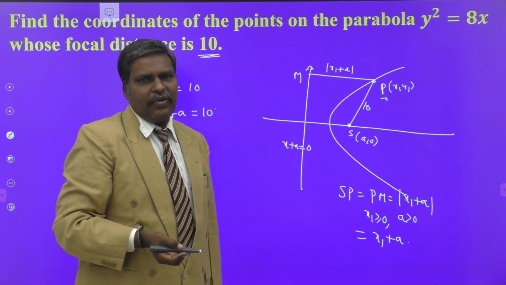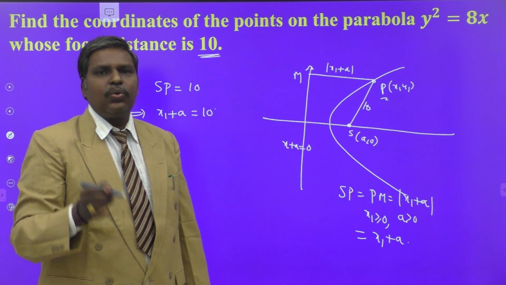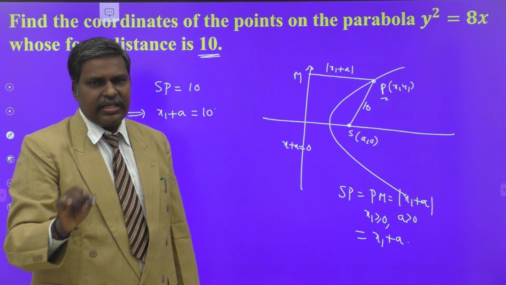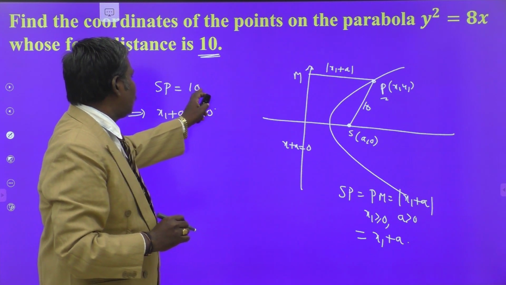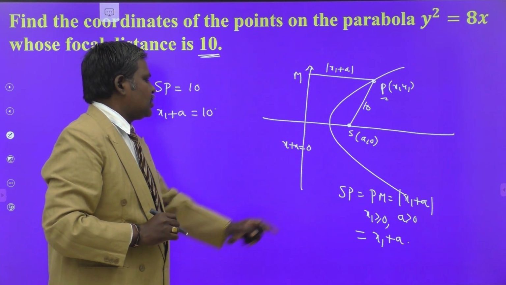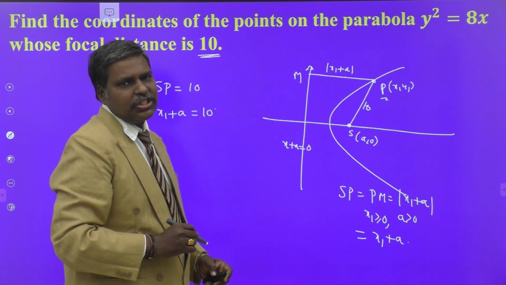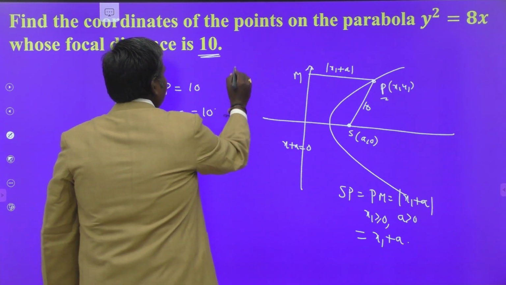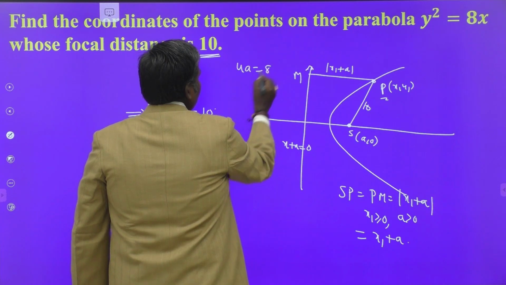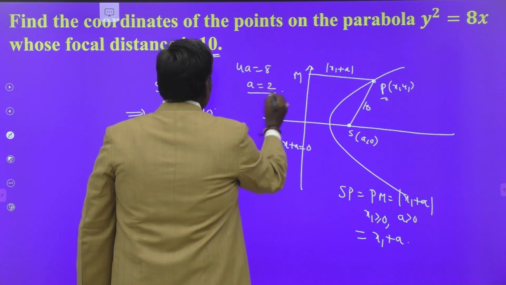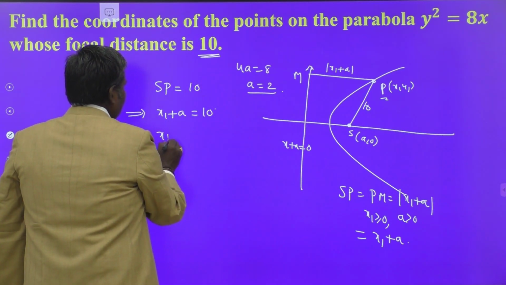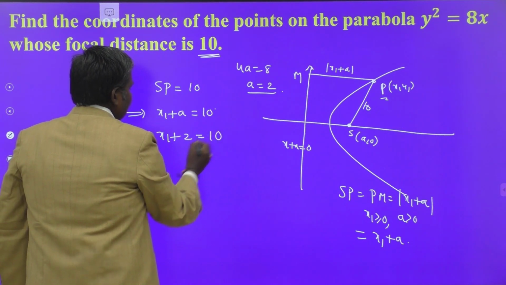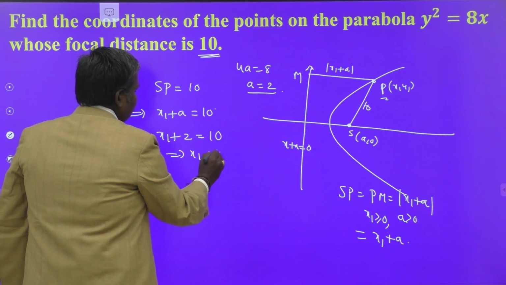Let P (x1, y1) be the point on the parabola whose focal distance is 10 units. Therefore, SP is equal to 10. We mean x1 plus a is equal to 10 because SP is equal to PM itself. What is a here? 4a is equal to 8 from the problem itself. 4a is equal to 8, we mean a is equal to 2. So write here, x1 plus 2 is equal to 10. So what is the value of x1? 8 units.